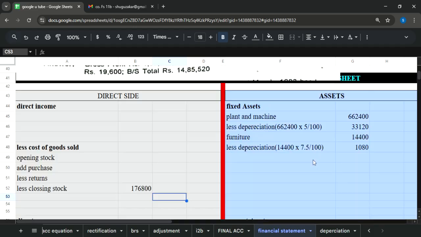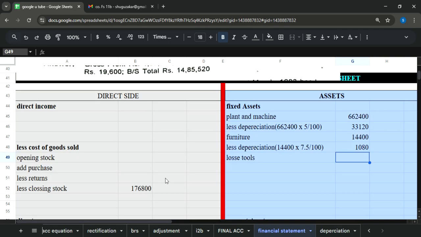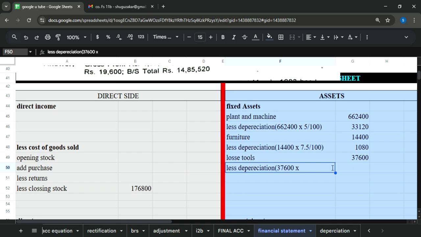Now loose tool depreciation. Loose tools are also your fixed assets. First we will see how much amount of loose tools, and they are mentioned over here, 37600. After that we are going to calculate its depreciation, 37600, and now let's see what was the rate. Loose tool rate is 15%, so here we will take 15%.